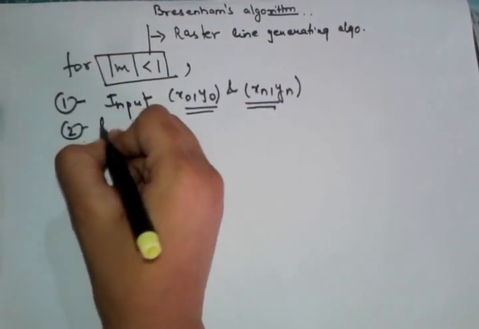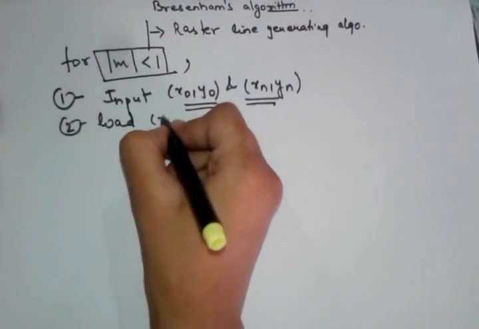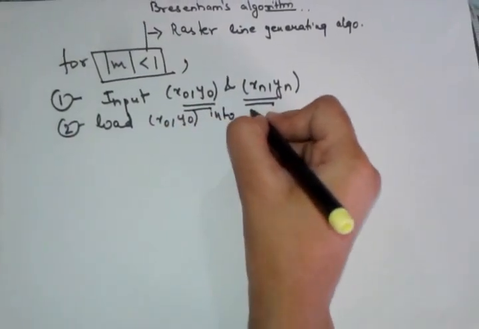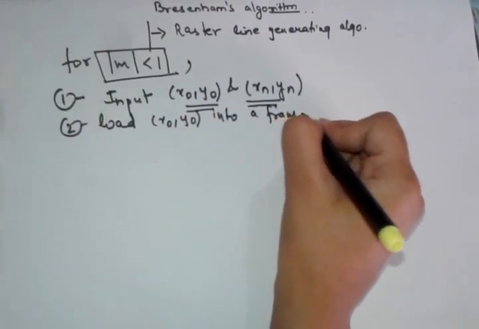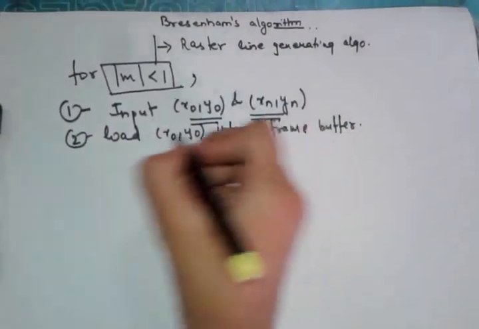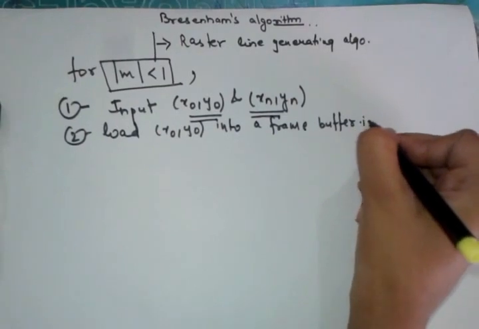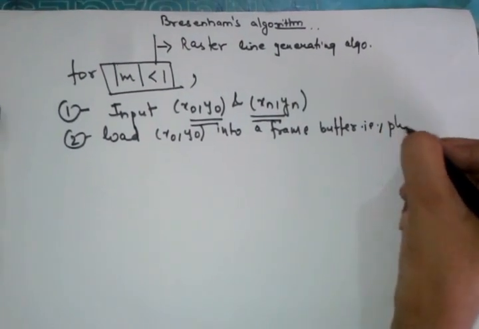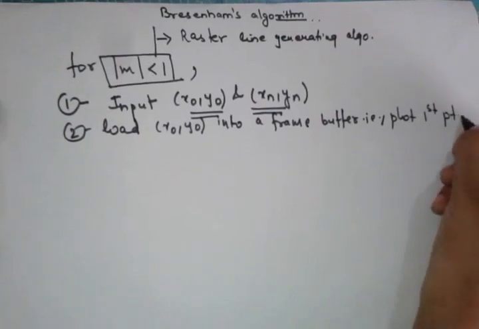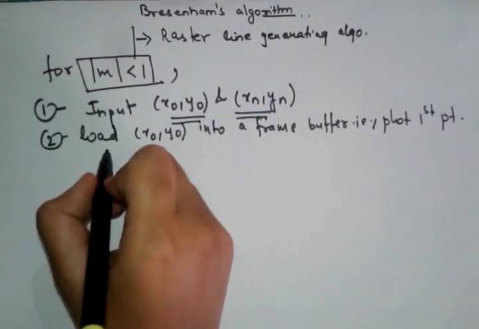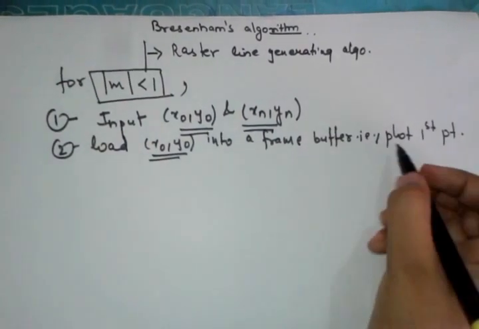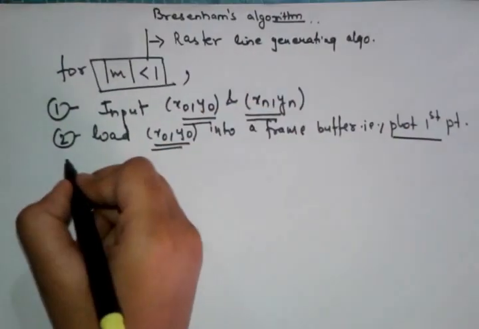Second, we have to load x0, y0 into a frame buffer. What this basically means is that we have to plot the first point.